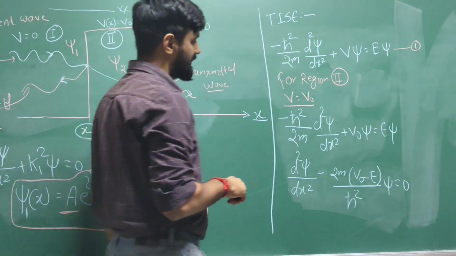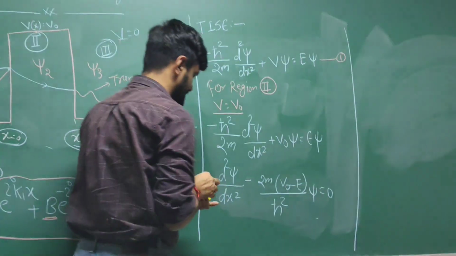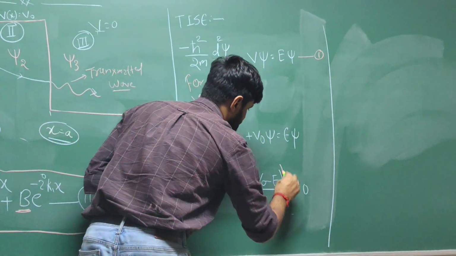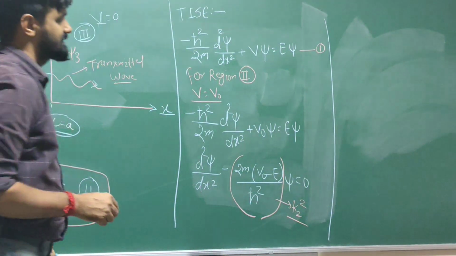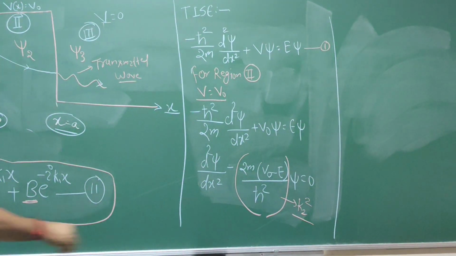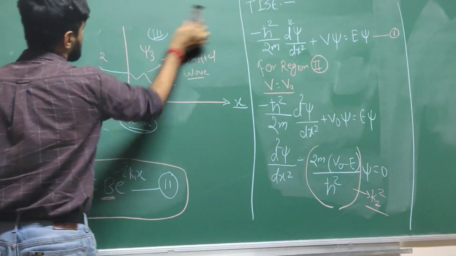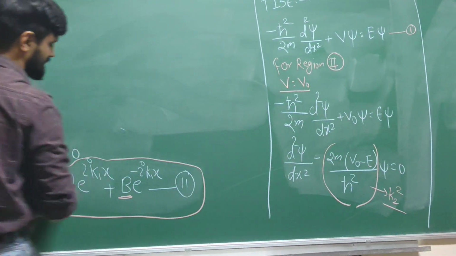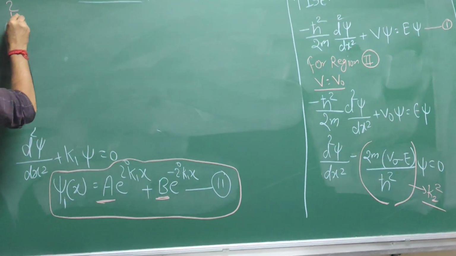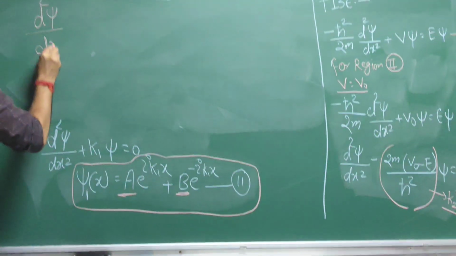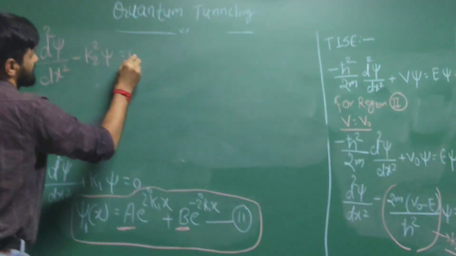Is that clear? And then let's say I assume this value is k2. So I assume this is k2 square. Is that clear? So finally, once we substitute this value over here, you can write d2 psi by dx square minus k2 square psi equals 0.